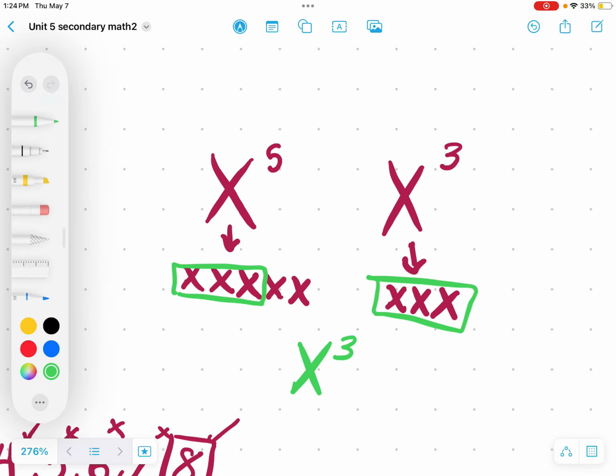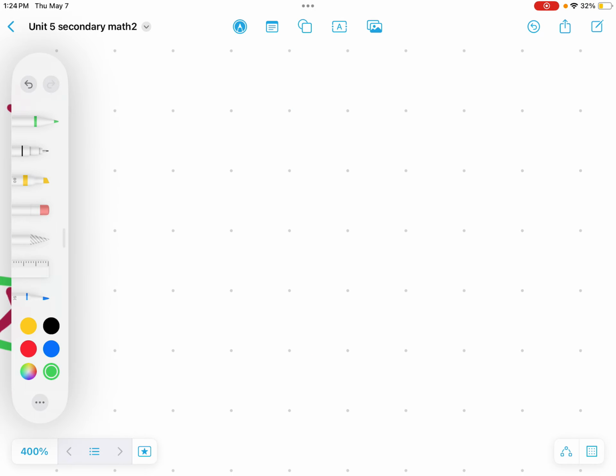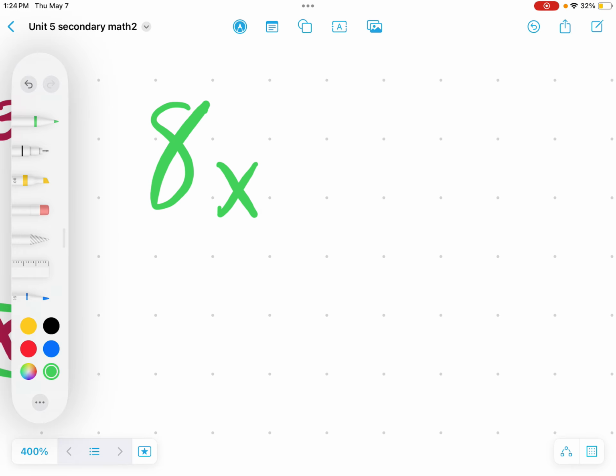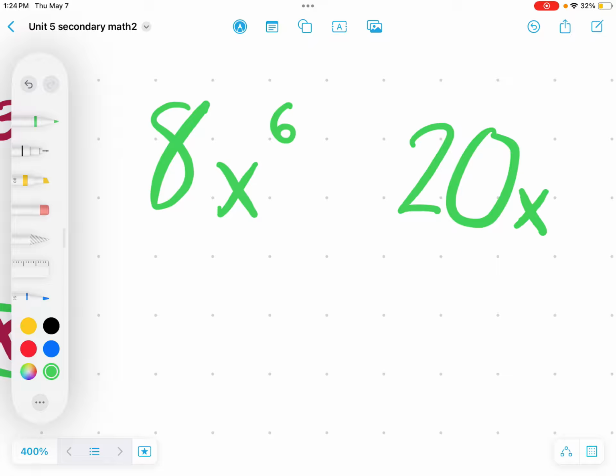Okay. So what if we had 8x to the 6th and 20x to the 8th?